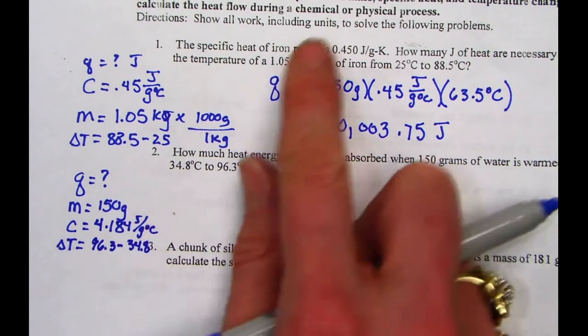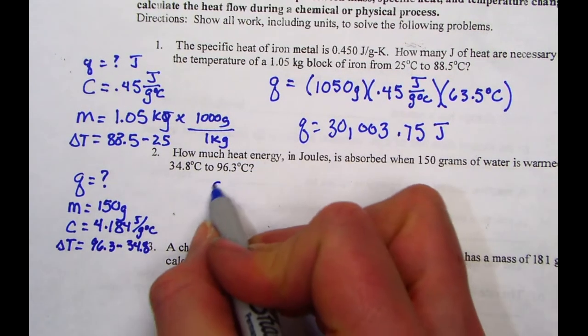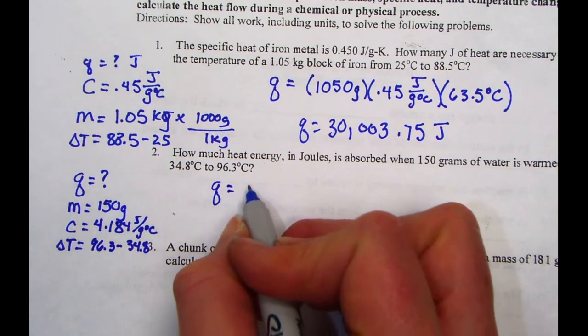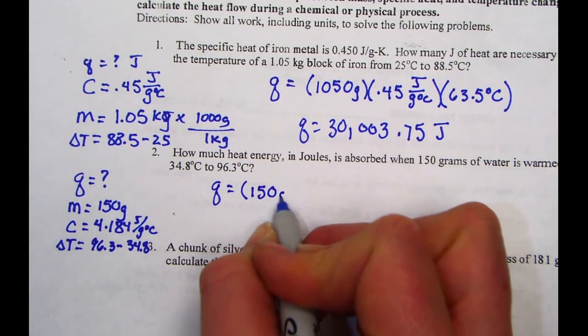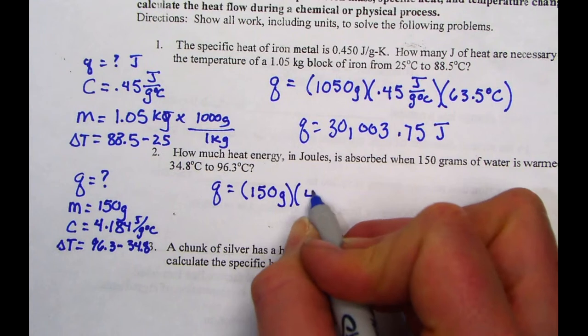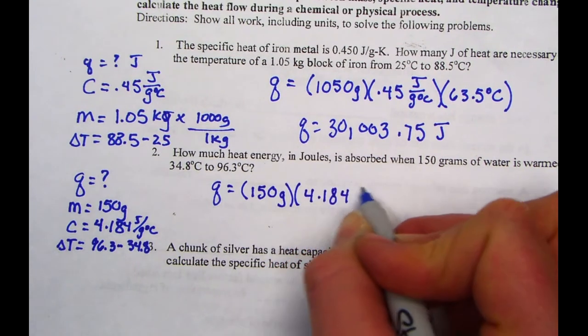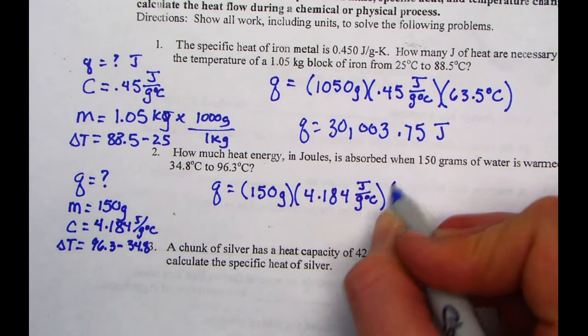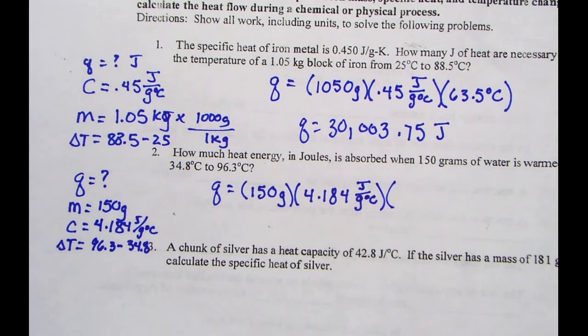We will plug into our formula MC delta T, where we're targeting Q, the heat energy measured in joules: 150 grams times our specific heat constant for water, 4.184 joules per degree Celsius gram, and T2 minus T1. So I'll hit for us 96.3 minus 34.8.